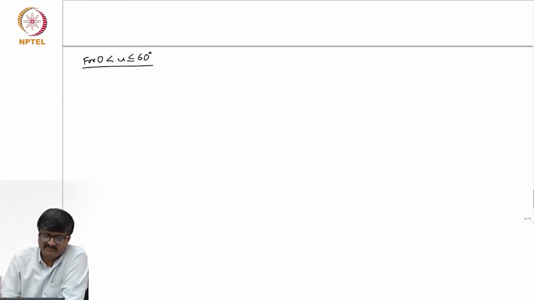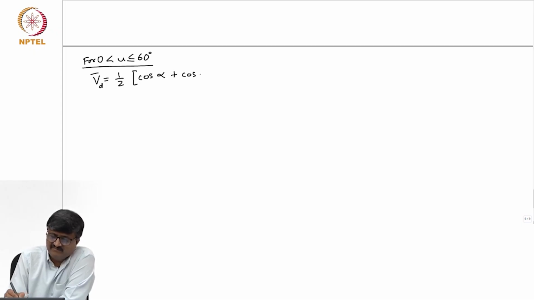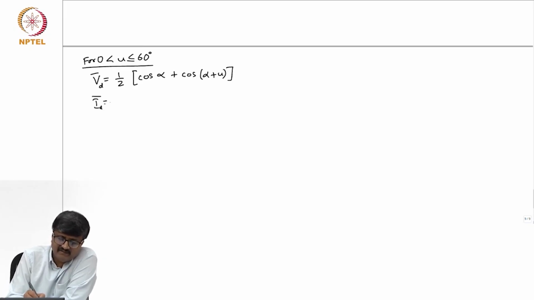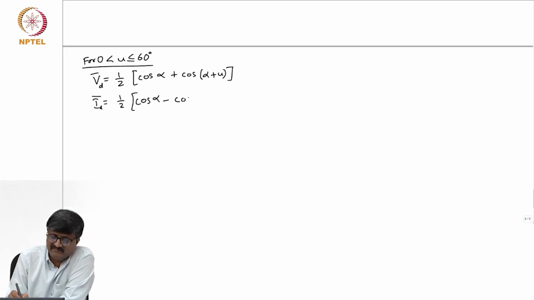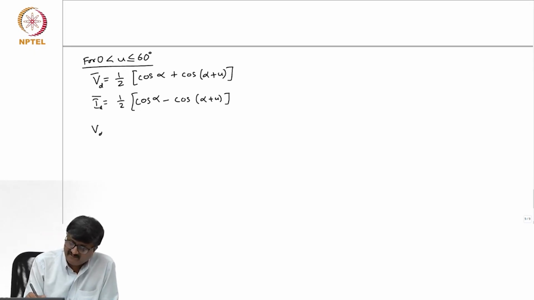Rewriting these equations: VD bar is half cos alpha plus cos alpha plus, and ID bar is half cos alpha minus cos alpha plus. If I add these two equations, then u is eliminated, and I get VD bar equal to cos alpha minus ID bar.